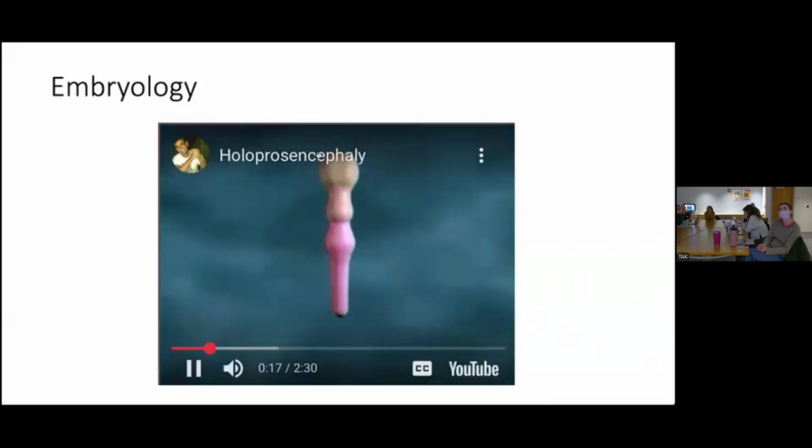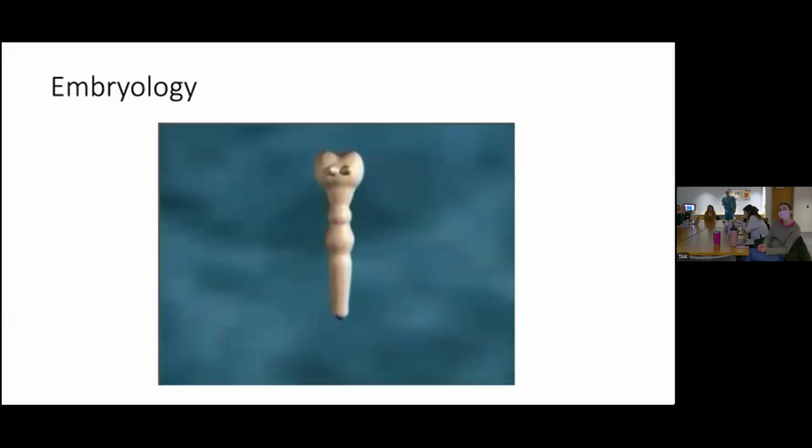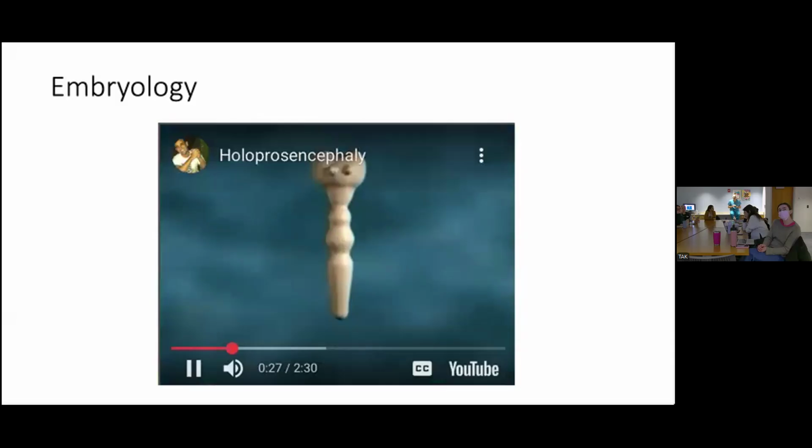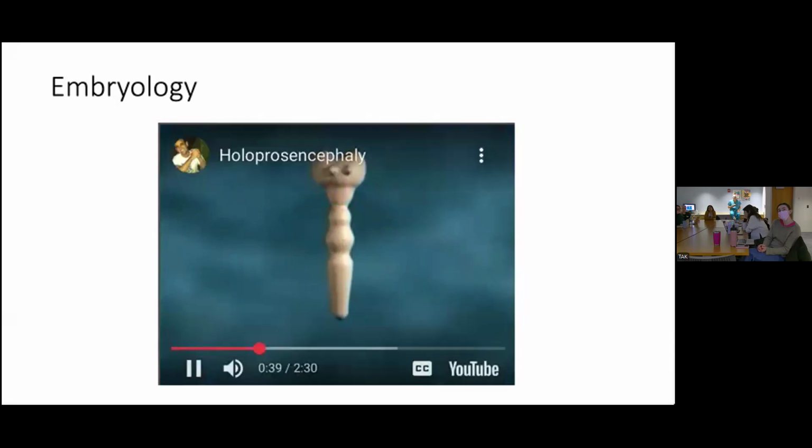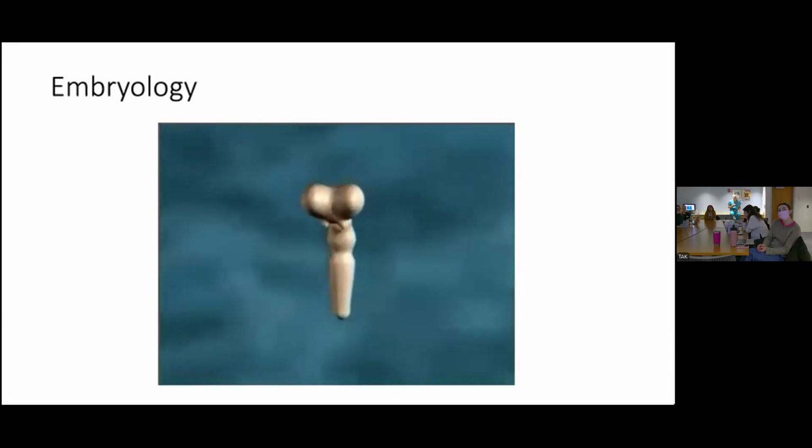So right now you can see the prosencephalon is up here, and this is first showing the normal embryonic changes. So here you can see that they're separating as they should. These two little notches turn into the optic nerve.